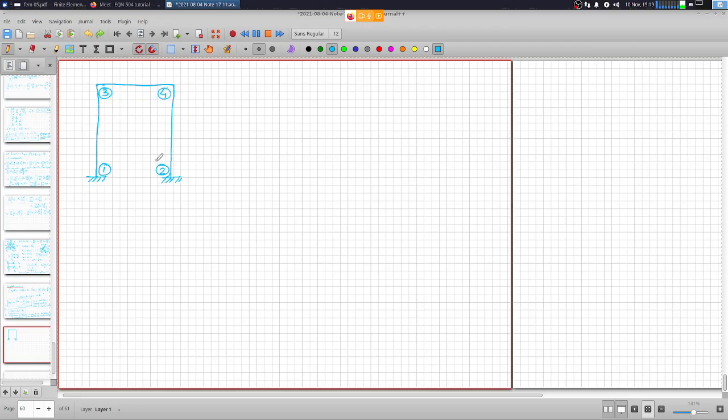3, 4. And these are the elements 1, 2, 3.